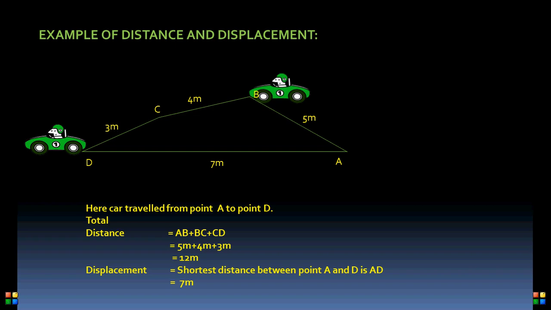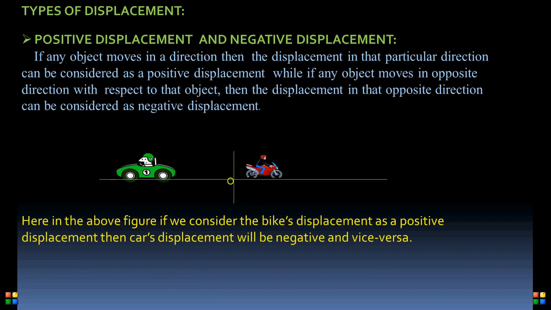Now we discuss the types of displacement. Since displacement depends upon the direction, on the basis of direction of a moving object, we can say that the displacement can be positive and it can be negative.